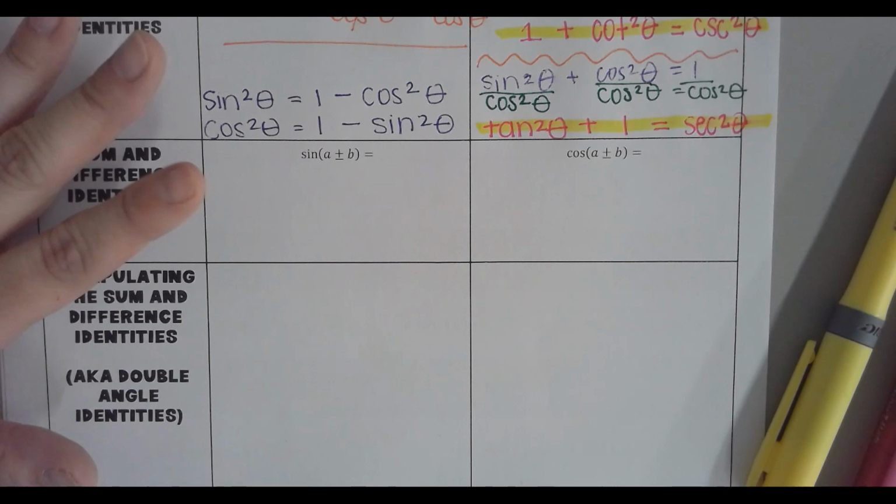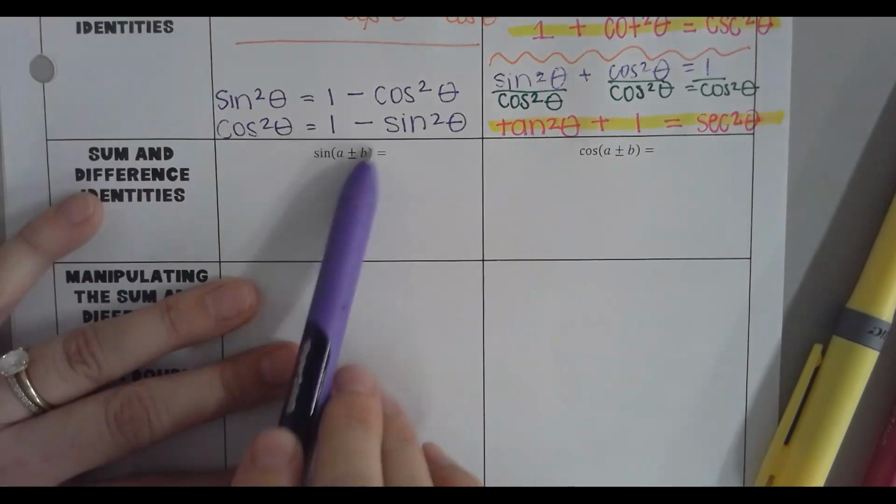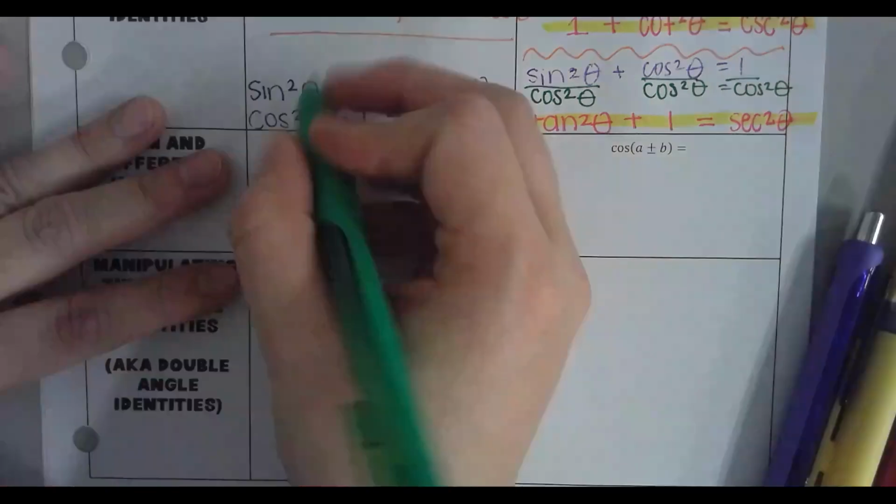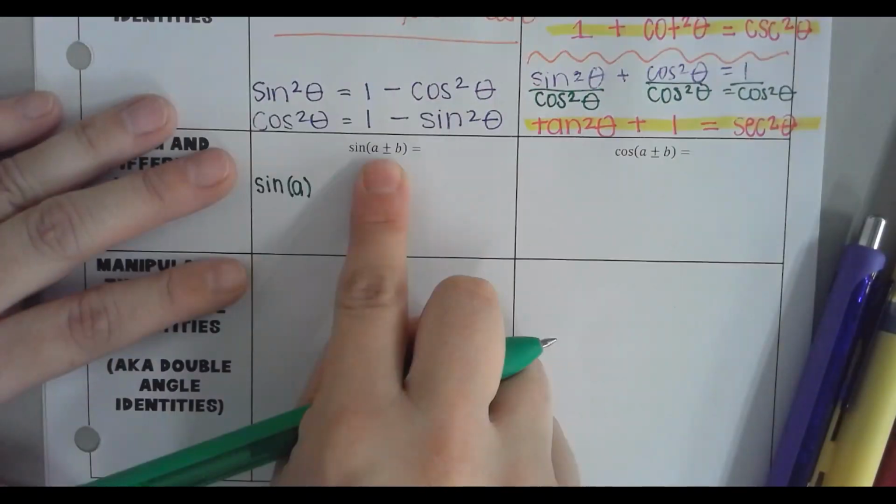If you have sine of two things added together, sine of any two things added together, that is the same as, let's see, all right, it's kind of long.